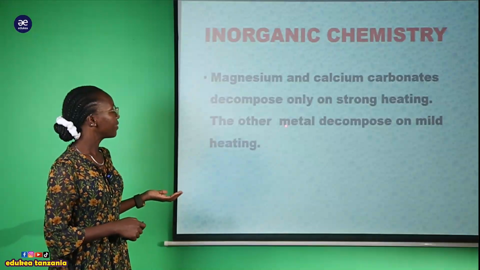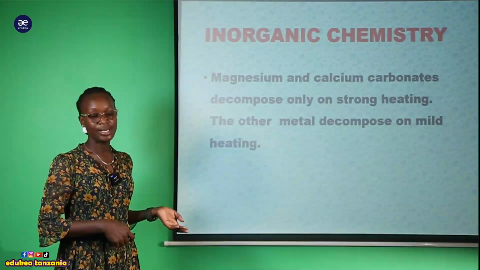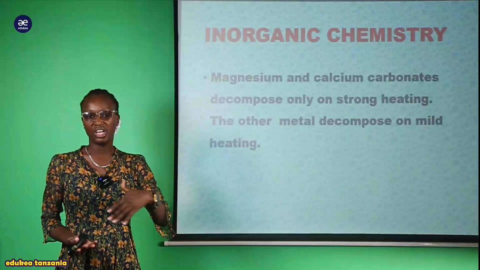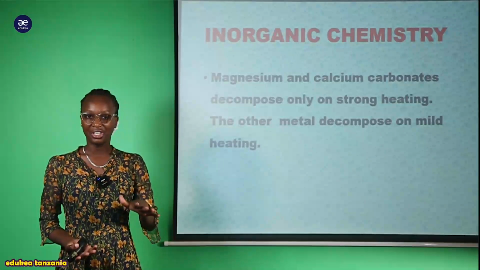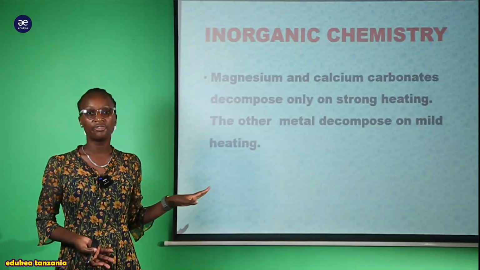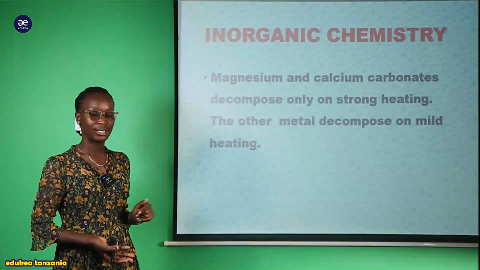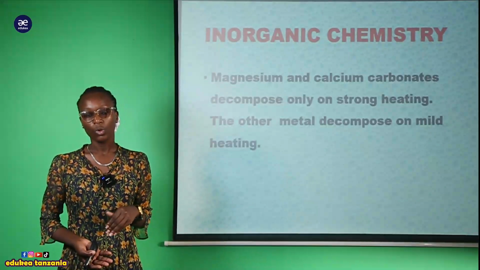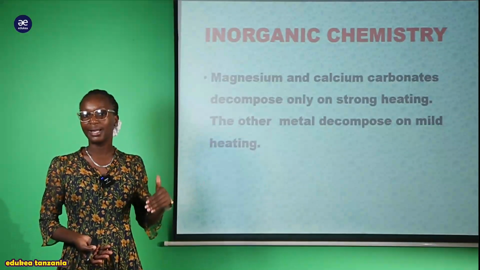Okay, anasema the other metal decompose on mild heating. Sasa hapa tunapokuja kuangalia mild heating, maana kwamba tunaangalia ile average heating condition. Sasa utaona kwamba other carbonates zenyewe zinakuwa zina involve hiyo mild heating, lakini pia hiyo mild heating inaweza katofautiana pia, kwa sababu hapa tutakuwa na zinc, hapa tutakuwa na lead, hapa tutakuwa na copper.